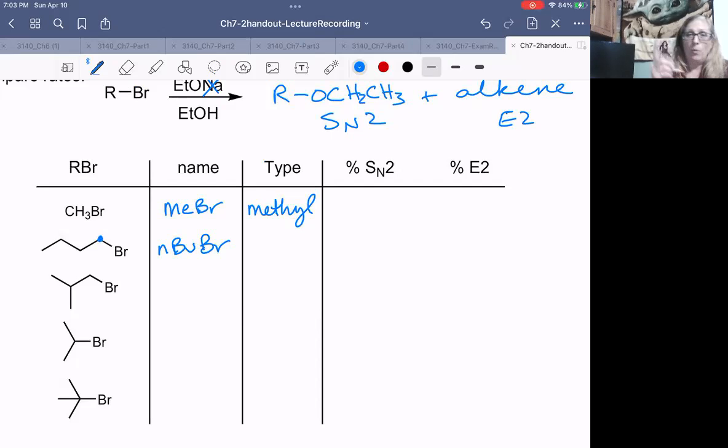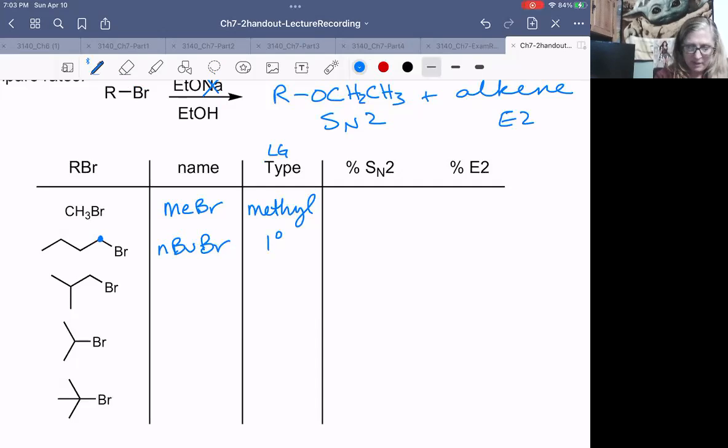It has just one carbon group attached, so this would be an example of a primary alkyl halide. Here we're describing the carbon type of the alkyl halide, or we could describe what kind of carbon the leaving group is on.